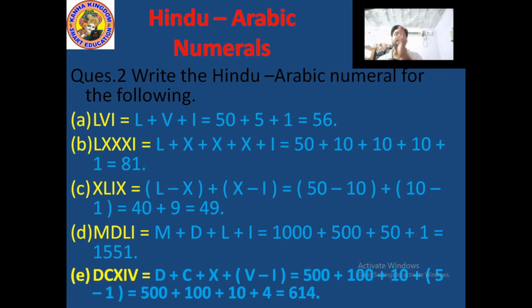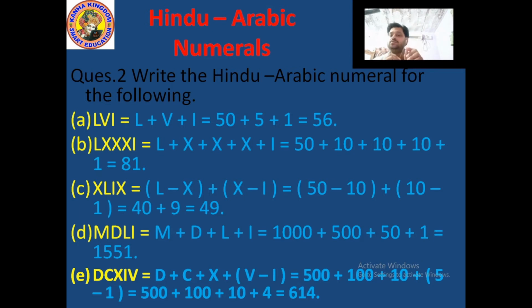So 50 minus X equals to 10, means 50 minus 10 equals to 40, plus, and now in second bracket X minus 1, X equals to 10 and 10 minus 1 equals to 9. So total 40 plus 9 equals to 49. Clear? Enjoying? Very good. Now, so how we pronounce it?